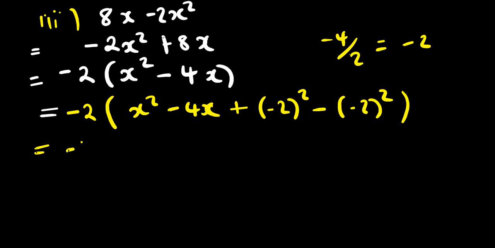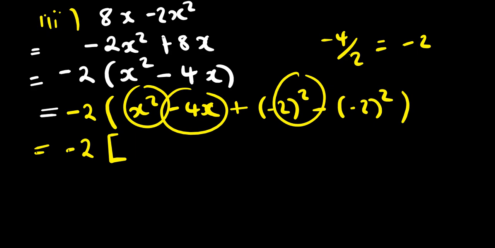So we have a negative 2. Let's ignore this one and we put the terms with the squares in one bracket.